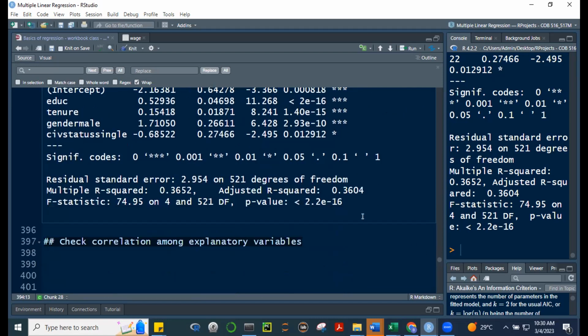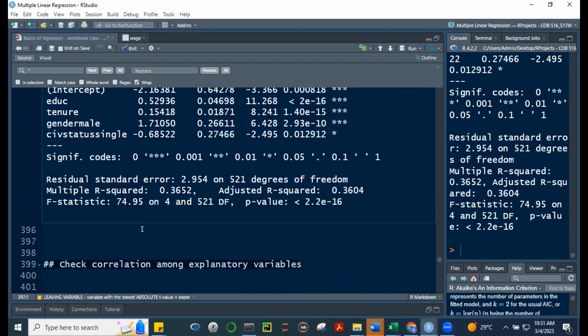But you notice, class, that the adjusted R squared also went down. Di ba? From 3631 kanina, tapos naging 3620 something, tapos naging 3604 na lang din. So this tells us that the adjusted R squared should not be the main basis of deciding whether a model is better.